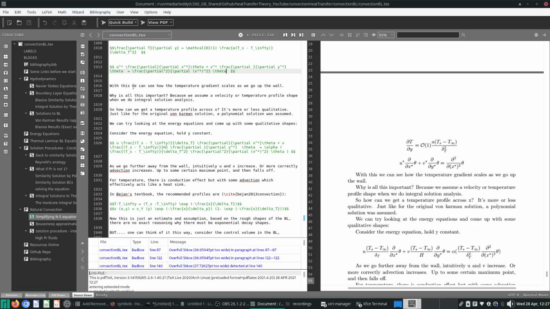So now at least we have a non-dimensionalized version of our equation. It will be slightly easier to see what our temperature profile is like.